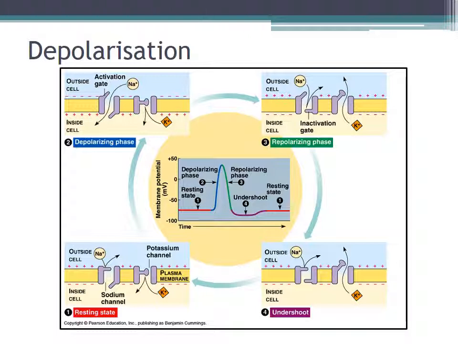So what happens once an action potential comes? So the action potential is basically driven by the sodium current, because once the transmitter binds to the receptor, and if it's an ionotropic receptor, then it opens ion channels such as sodium channels. Then sodium is very high outside the cell but very low inside of the cell.